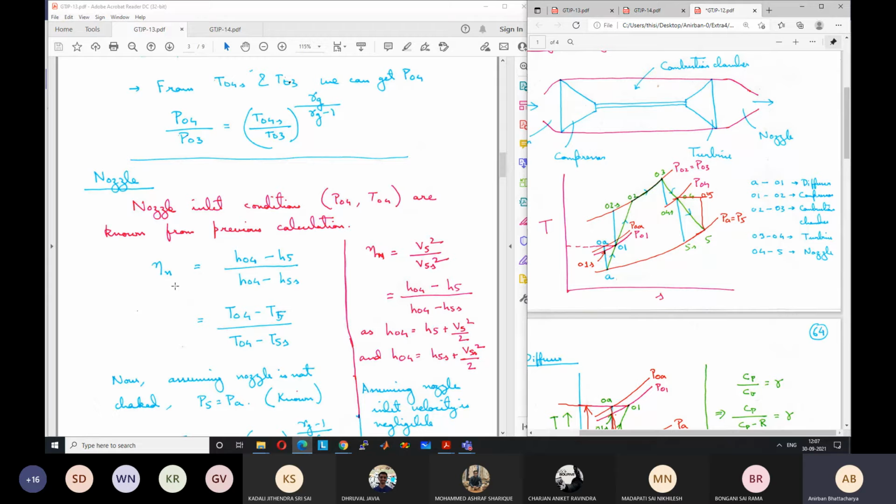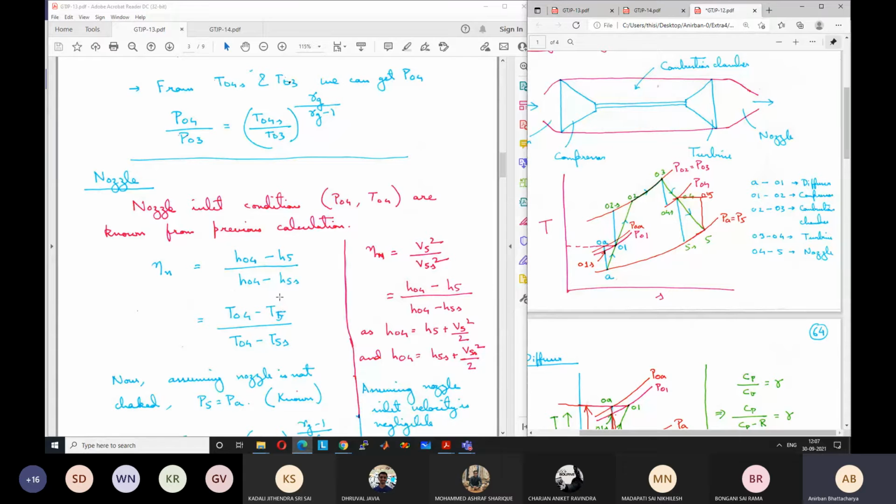We can define the nozzle efficiency as (H04 minus H5) divided by (H04 minus H5s). H04 minus H5 represents the actual change in kinetic energy, and H04 minus H5s denotes the ideal change in kinetic energy.